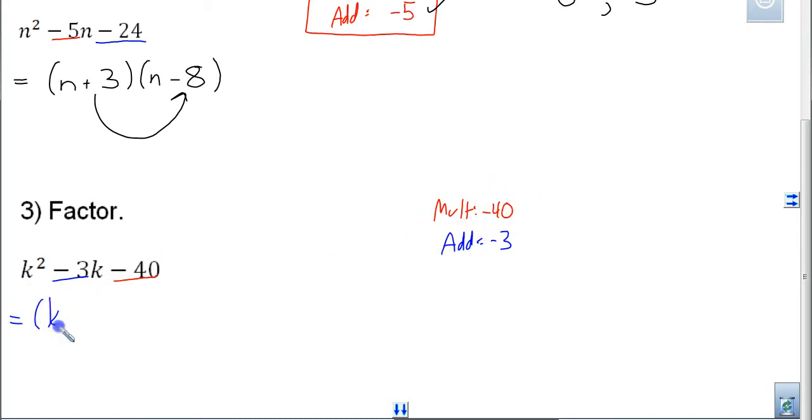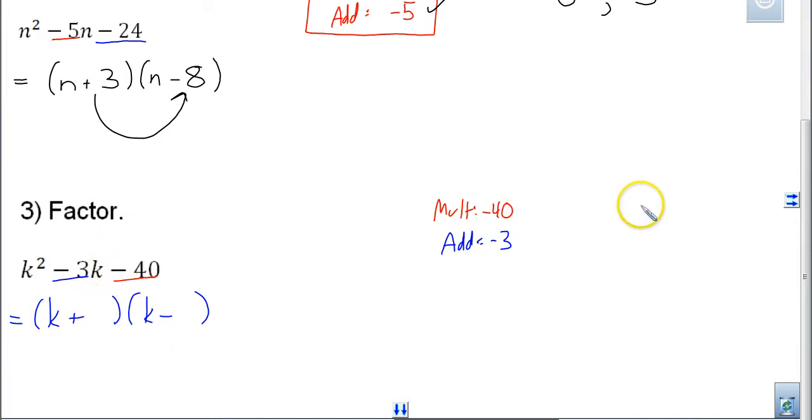So I know that one number must be positive, one number must be negative. It doesn't matter what order they go in your binomials, but they have to add to negative 3. So again, just through trial and error, always check the multiplication first. There's fewer numbers that multiply to negative 40 than add to negative 3. So check that first, and you will come up with the answer.